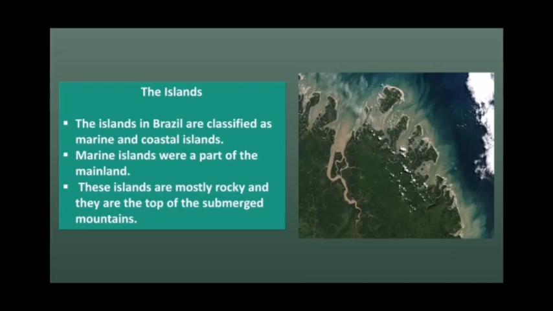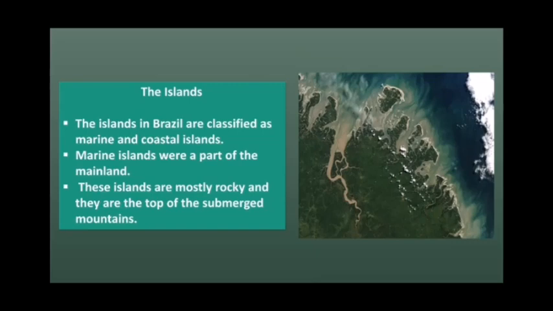Marine islands were a part of the mainland. That means earlier in the past, these islands were a part of the mainland of Brazil. But slowly, due to the work of the rivers and different movements occurring in the earth, these islands separated from the mainland. They are more than 300 kilometers away from the mainland in the Atlantic Ocean.